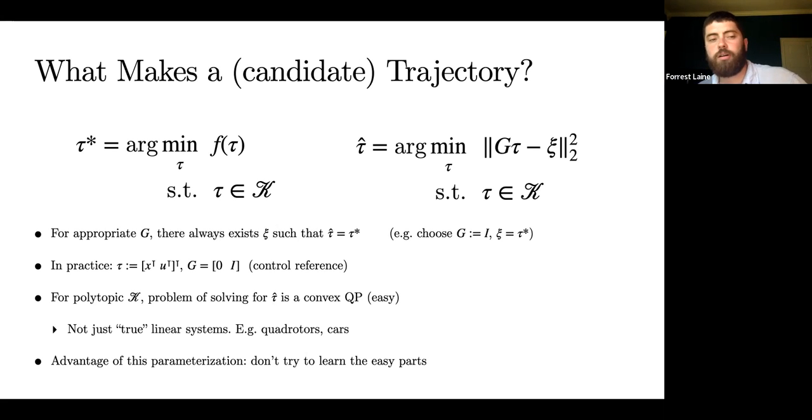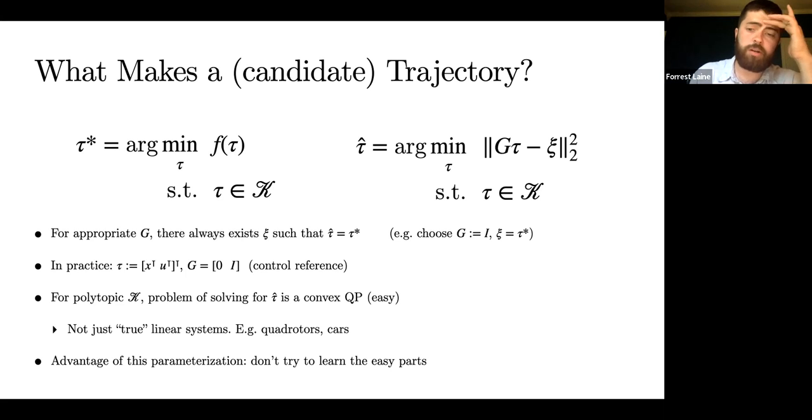Typically the way that you would generate a trajectory is you have some optimization problem, where I'm trying to choose tau that minimizes some objective function, f, subject to satisfying some kind of constraint set, which we define by this set, curly K. This is a very abstract way of defining this problem, but roughly this is what's happening under the hood: you have an optimization where we're trying to optimize some criteria subject to satisfying constraints.